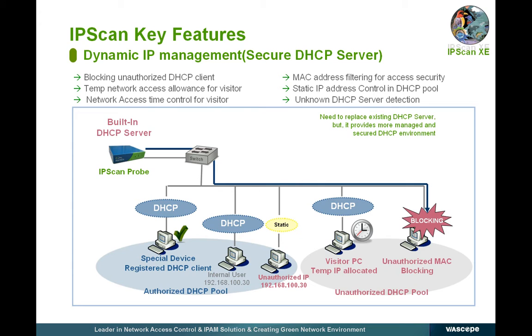Consequently, an IP conflict occurs between MAC B and MAC A that has been using unauthorized static IPs, and MAC B can't access the network even though it is assigned an authorized IP properly.